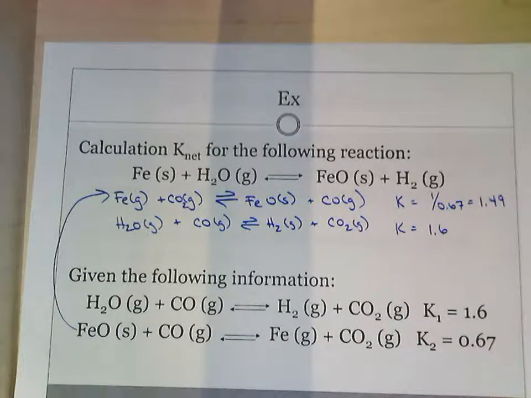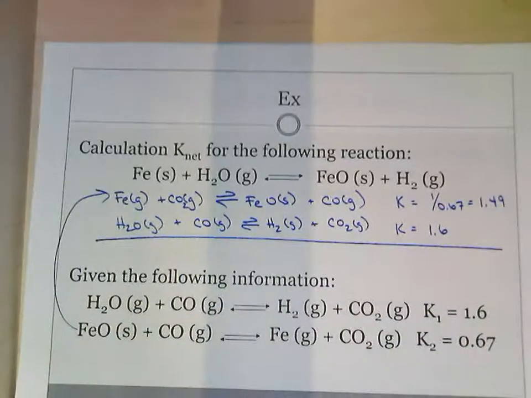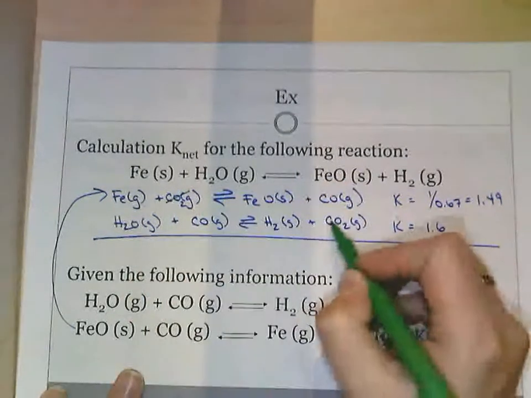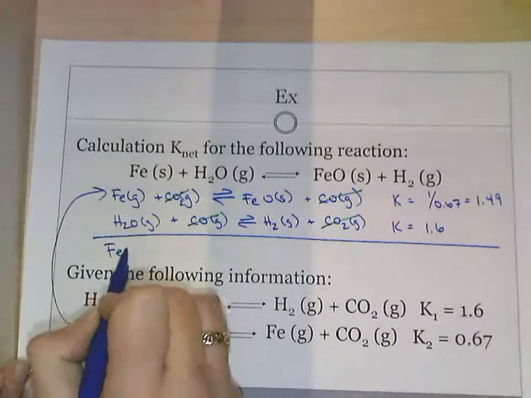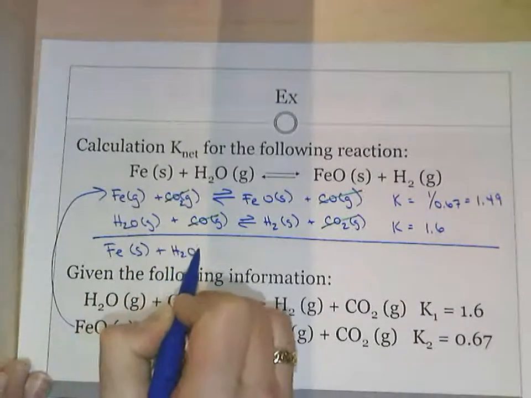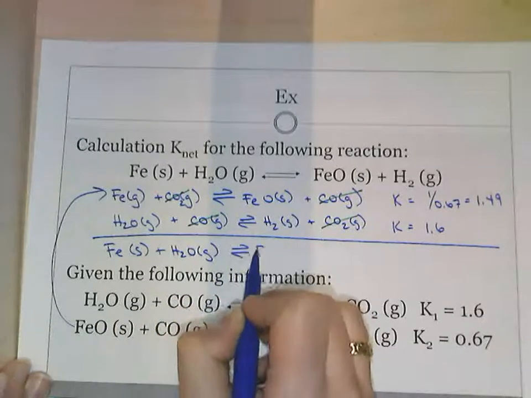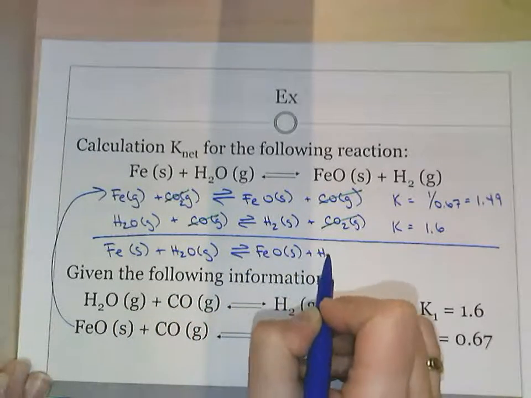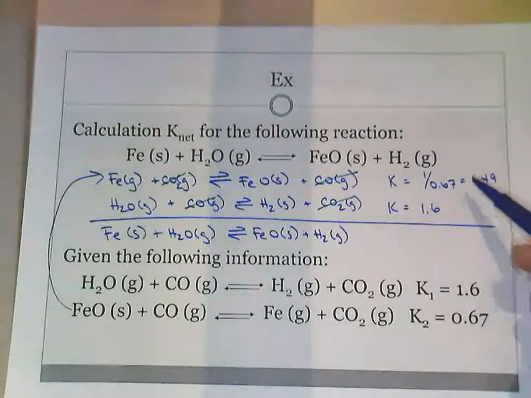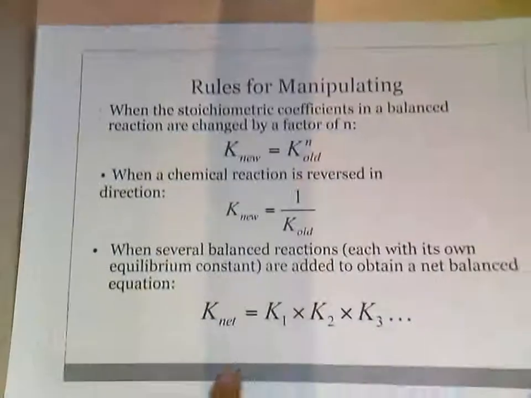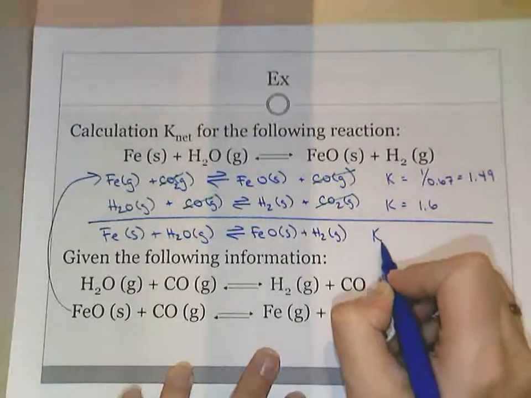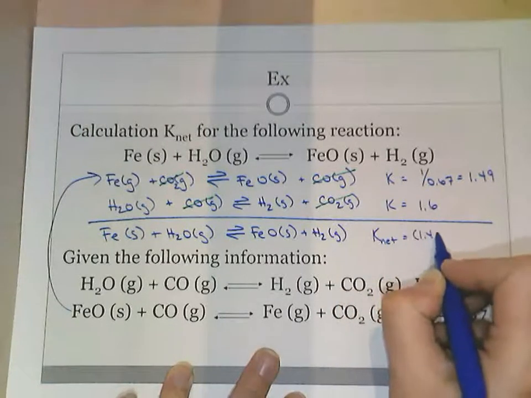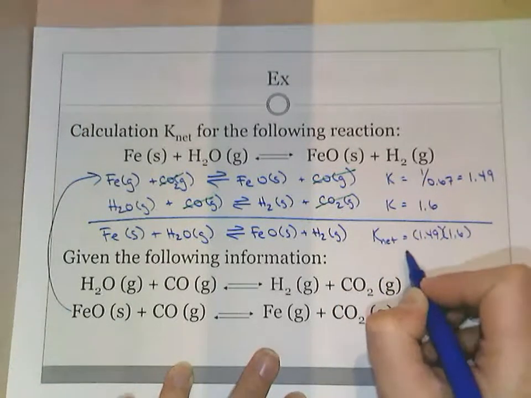So now I can write out my new net equation, canceling out anything that shows up on the reactant and product side, so carbon dioxide and carbon monoxide, which gives me my final net reaction, which is what I wanted. And then for these 2 K's, using our rule, in order to get the K net, we multiply them by each other. So the K net is equal to 1.49 times 1.6, which is equal to 2.4.